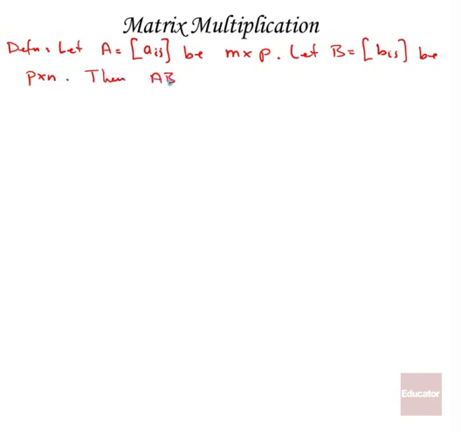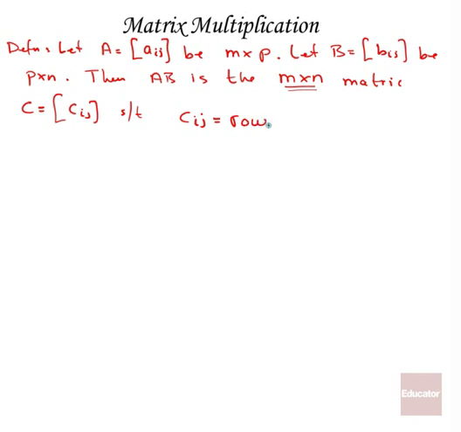Then AB is the m by n matrix C equals C sub ij, such that the ijth entry of C is equal to row sub i of A, in other words, the ith row of A, dotted with the jth column of B.